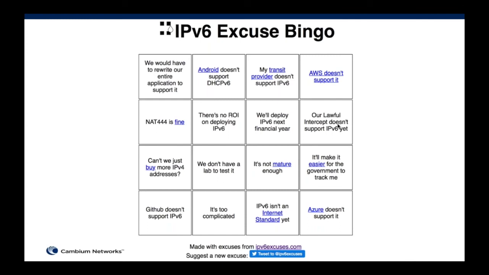It is very, very mature nowadays. There is a clear migration path for IPv6. So if you are not looking for excuses, but you're looking for the way to migrate and use all the power of IPv6, you can always find the way to do this.